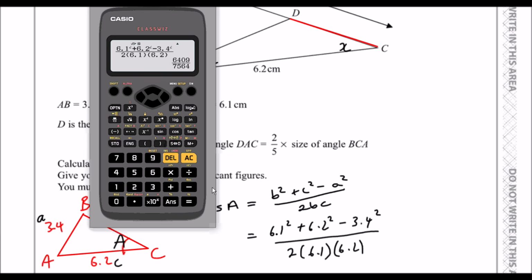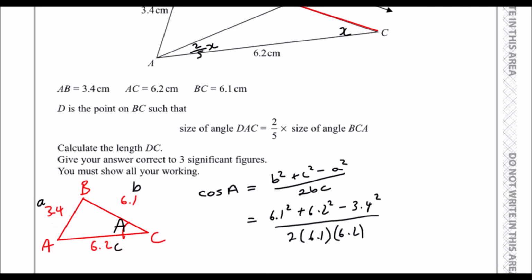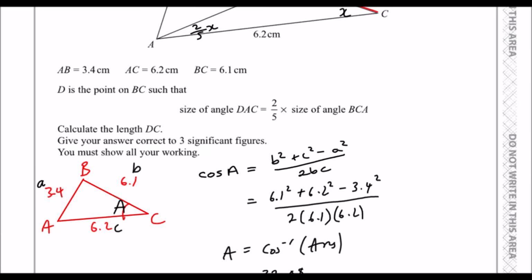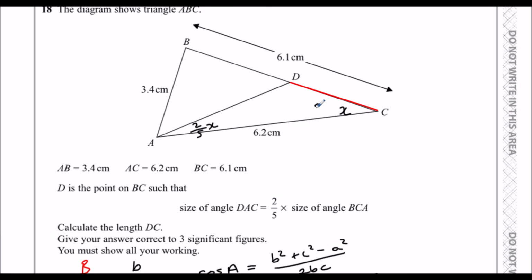And to get A by itself, we shift cos of the answer, and we've got 32.08. So A is shift cos of that, which is 32.08. So X is 32.08.